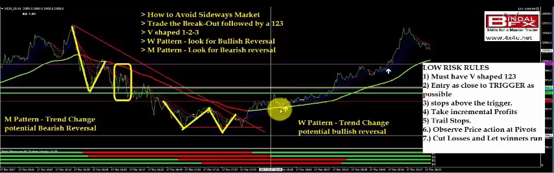And once it changes color, what you see is it's sort of like going sideways. And I would like to see a break of the sideways movement. Also at the same time, observe what the pivots are telling you. Here, as you can see, there is a bit of resistance at the red pivot.